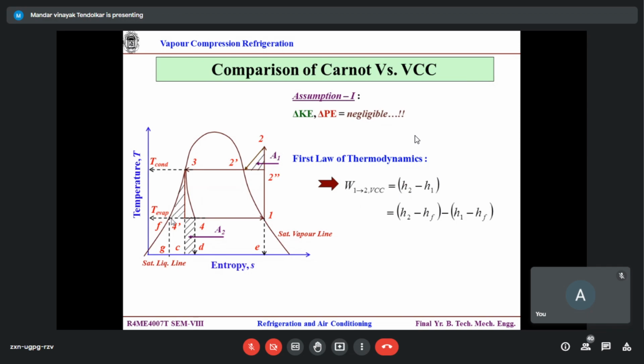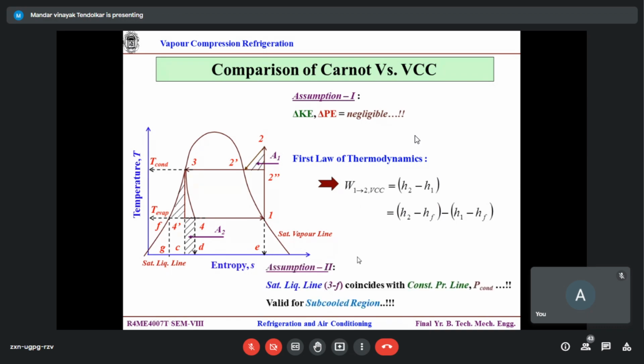Do you agree? Yes, sir. Okay. Now this H2 minus HF is related to, let's say, higher pressure, and H1 minus HF to lower pressure, meaning condenser pressure and evaporator pressure, correct?